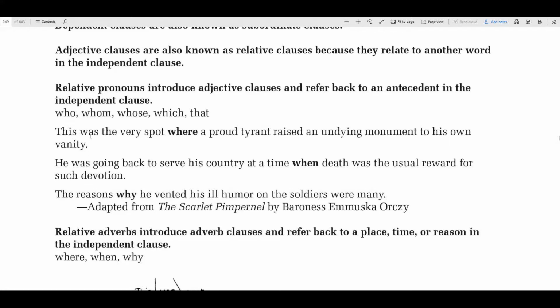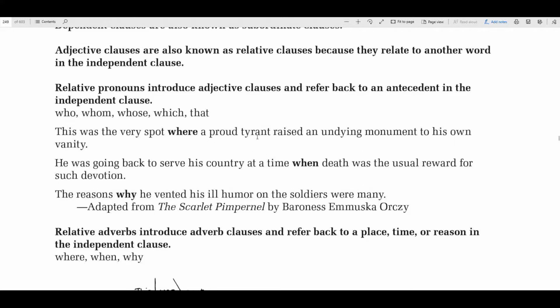All right, so this was the very spot where a proud tyrant raised an undying monument to his own vanity. So where a proud tyrant, I guess that would be your phrase, because then you're left with the clause. This was the very spot, to his own vanity.